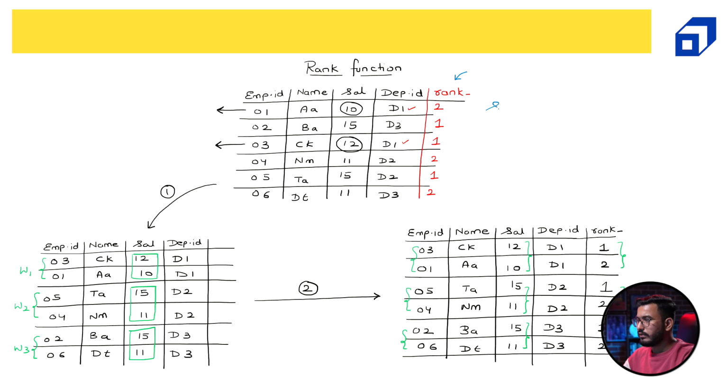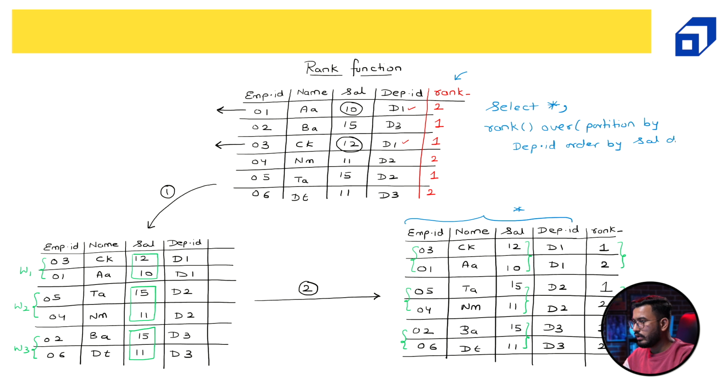Now let's first of all understand how to write this query. So we start with select. We need to select asterisk. Asterisk means I'm interested in selecting all the rows and columns. Then I need to apply the rank function. So rank round brackets over partition by department ID and order by salary in descending order.